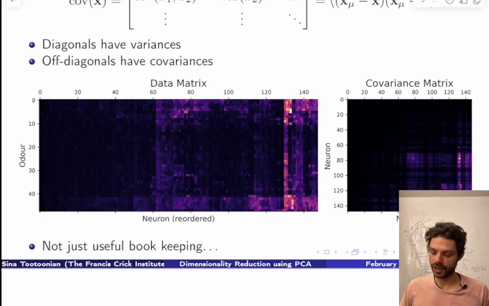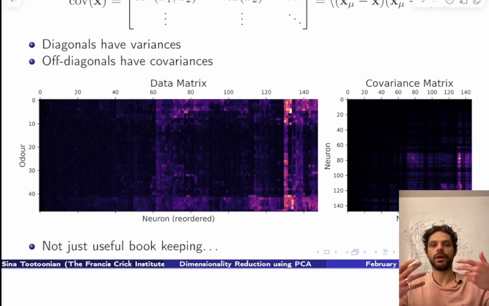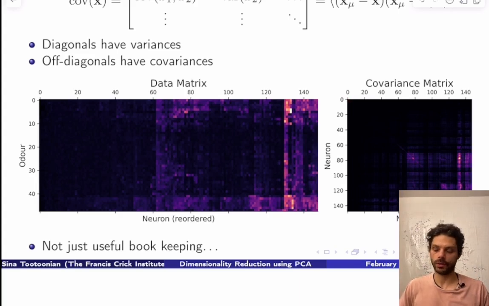It's also indicating, for example, that these neurons over here are maybe covariant with some of these ones at the end, right? And that's what this structure is. So it tells you both the strength of the responses along the diagonal, and also how much that strength is distributed in covariation with the other units.